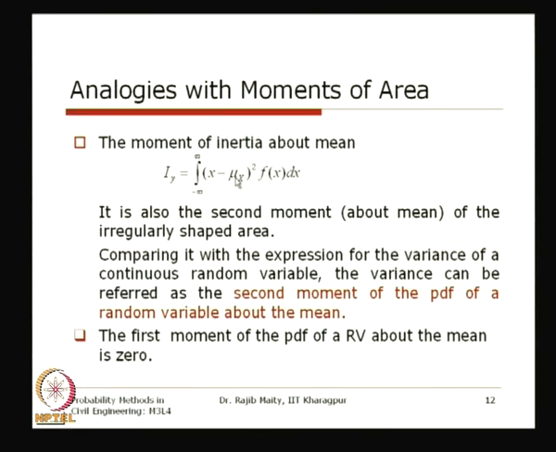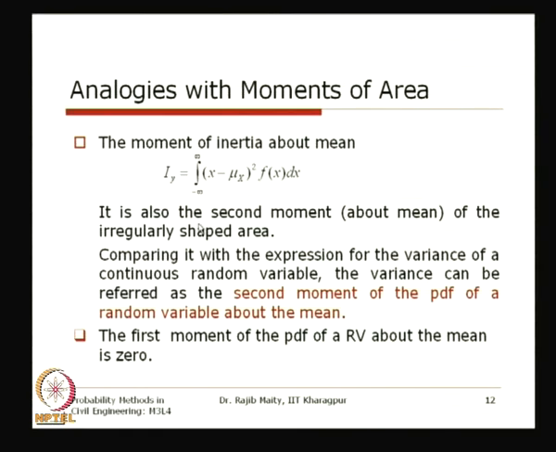This comes from taking it with respect to the mean. For the first moment from the origin it was x minus 0. As we are now taking it with respect to the mean, we take x minus mu x, and for the second moment we take its square, multiplied by the small length dx and f(x) at that point x, and we integrate this quantity over the full support.